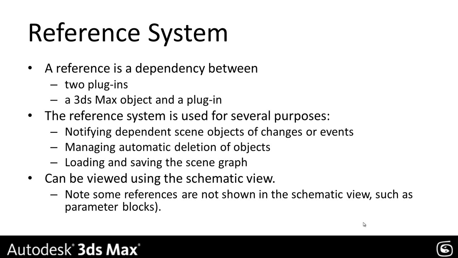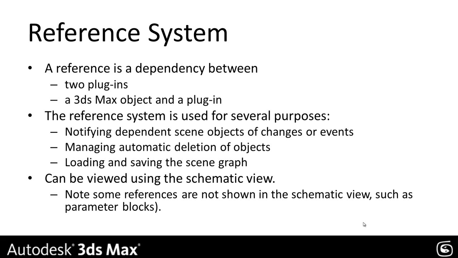Okay. So the reference system is used for many purposes, including notifying the dependent scene objects of changes or events. It also manages automatic deletion of objects, and also handles the loading and saving of the scene graph.